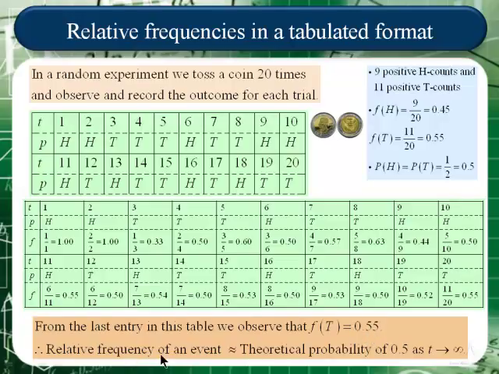Therefore, the relative frequency of an event is approximately equal to the theoretical probability of 0.5 or 50%, as long as t tends to infinity. In other words, as long as we repeat the experiment many times.